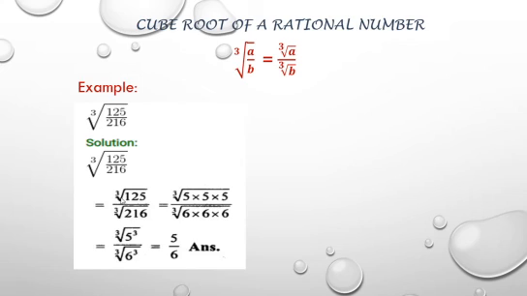So we will separate numerator and denominator, and find out separately cube root of these two numbers. Find out the prime factors of these two. Then out of these triplets, one number we will take it out and we get the answer. So cube root of 125 by 216 is 5 by 6.